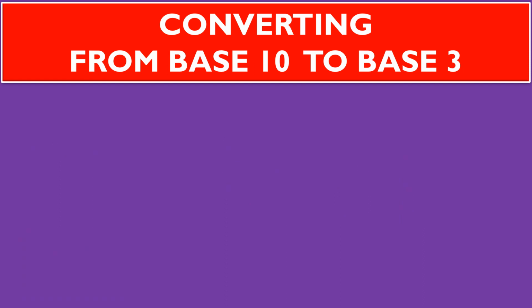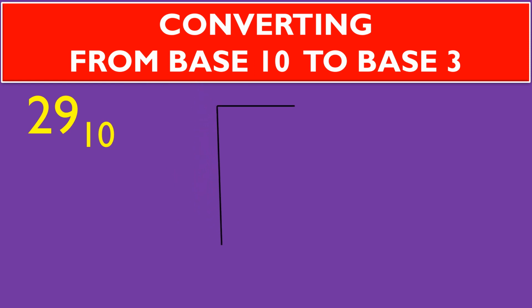Let's look at this second example, but this time around we will be converting from base 10 to base 3. We have 29 in base 10 and we want to convert it to base 3. Therefore, what we will be doing is to divide 29 by 3.